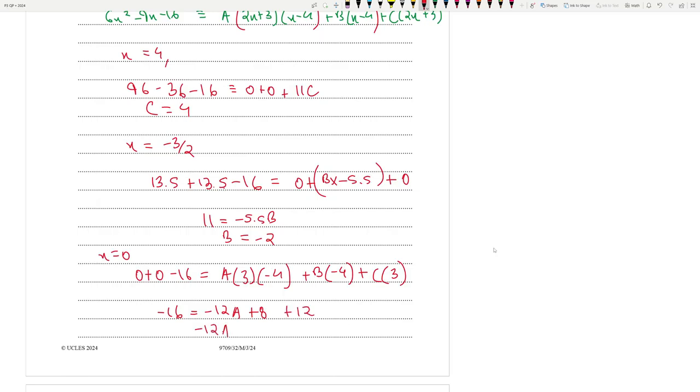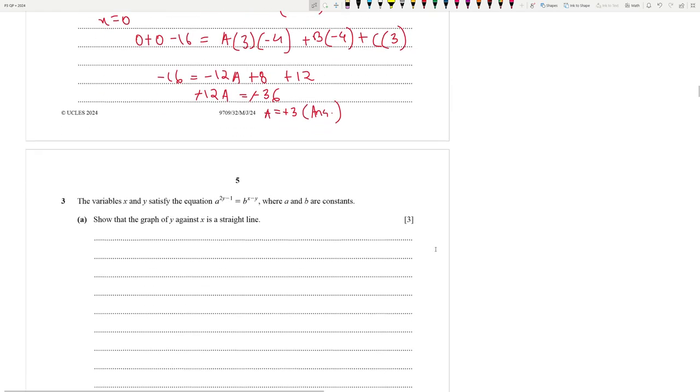So minus 12a is equal to minus 16 minus 8 minus 12, which is minus 36. So a is equal to plus 3. So that's that. So we have our final answers. A is plus 3, B is minus 2, and C is 4. Great.